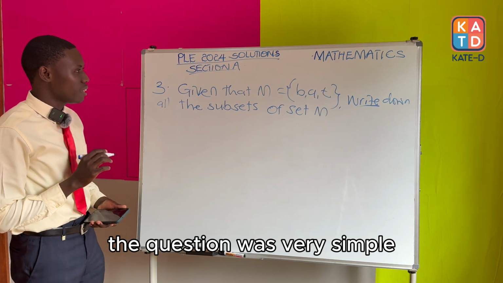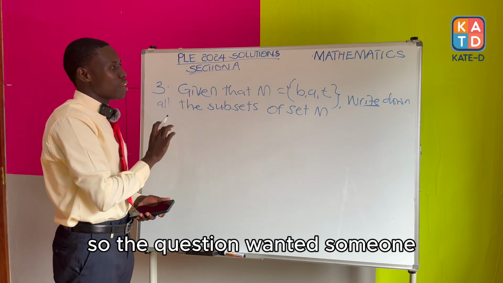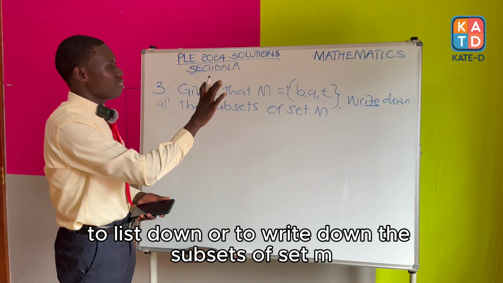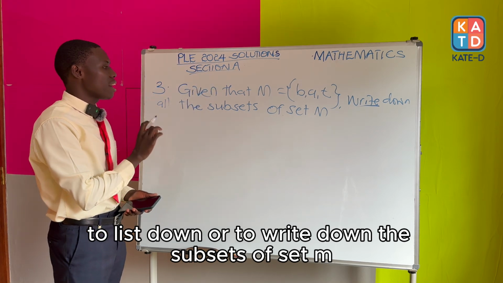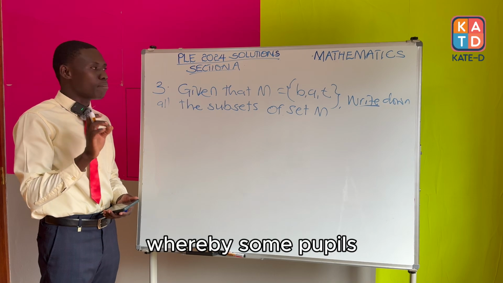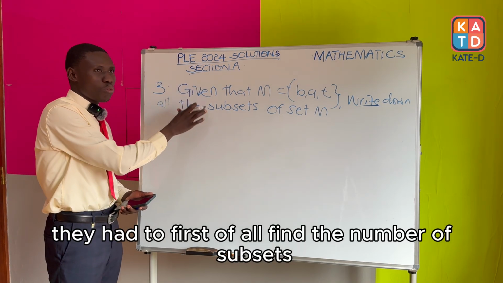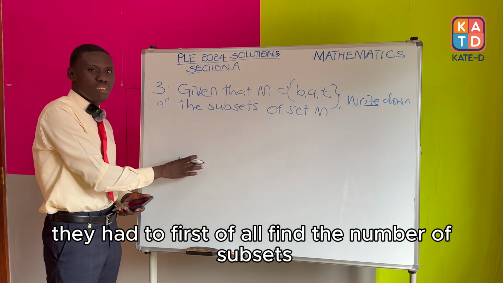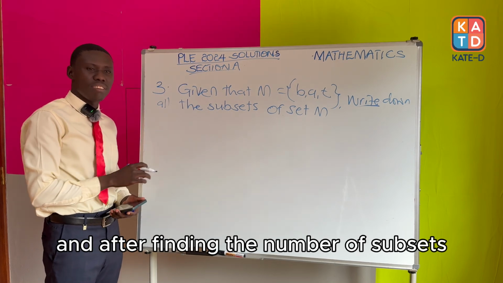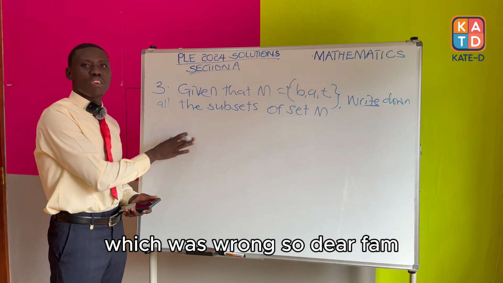The question wanted a child just to write down the subsets of set M. Some pupils first found the number of subsets and then listed them, which was wrong.